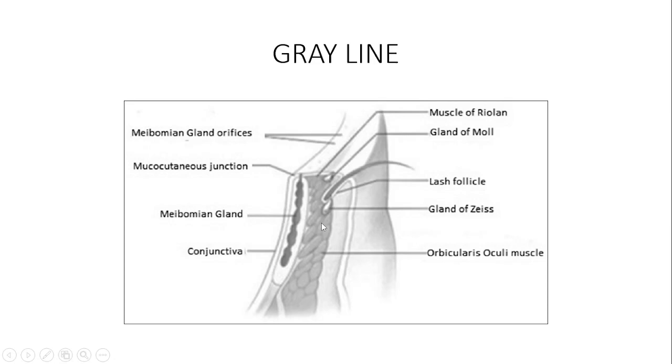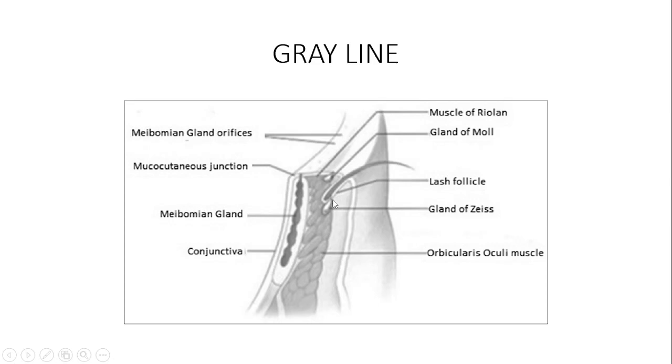Now, remember that at the root of the eyelashes, there are two major glands. The gland of Zeis is found here, as you can see, and of course, we also have the gland of Moll, okay? Gland of Zeis and gland of what? Moll. More specifically, the glands of Zeis are found at the root of the lash follicles or cilium, all right?